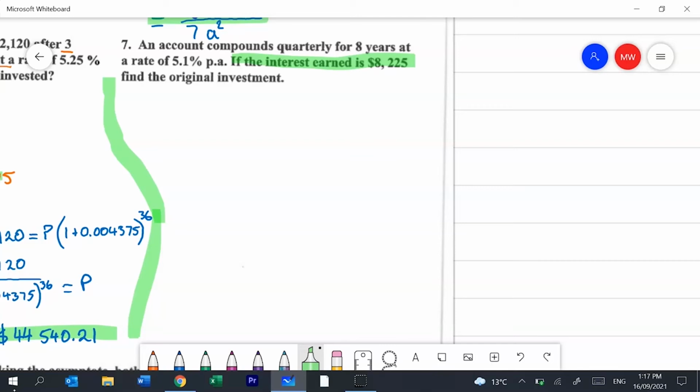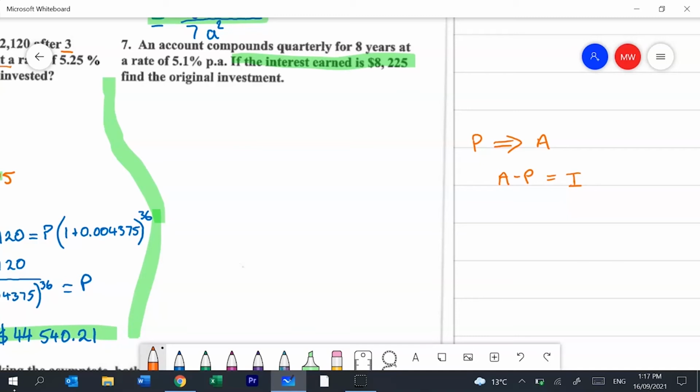If you invest a principal amount and then it grows to your new account balance, remember that the difference between these, A minus P, is the amount of interest. So it's the amount of extra money that you've got in the account at the end of an investment, or if you've borrowed money, it's the extra amount that you'll have to pay back.